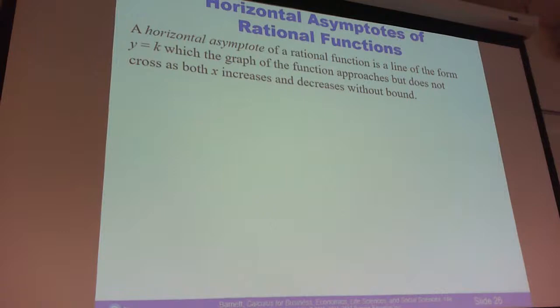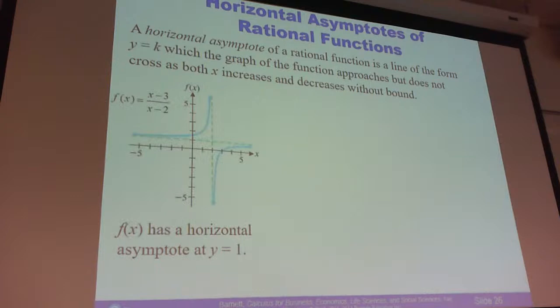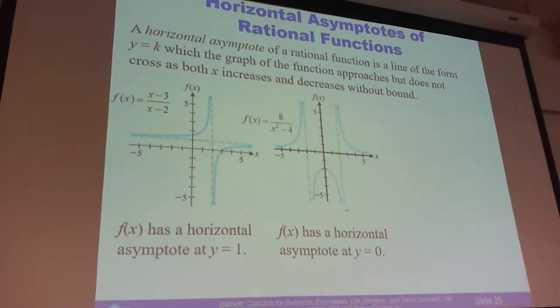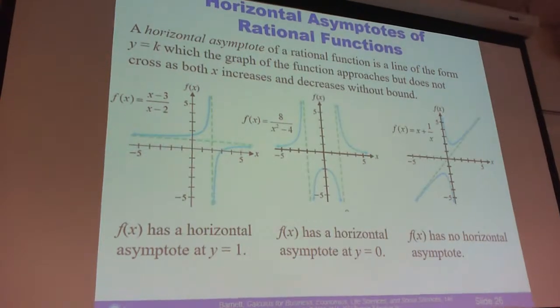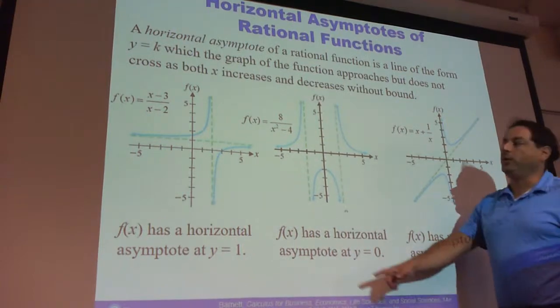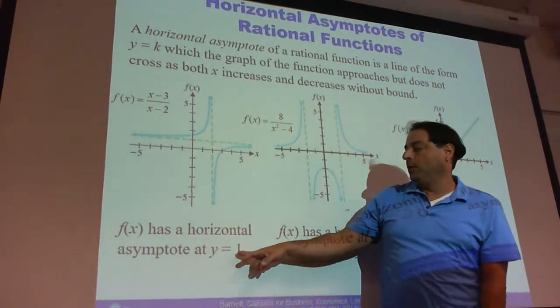Okay. Horizontal asymptote, same idea, but it's y equals. It's where the graph does not cross as x increases and decreases without bound. So here, in these examples, the first one has a horizontal asymptote at y equals 1.